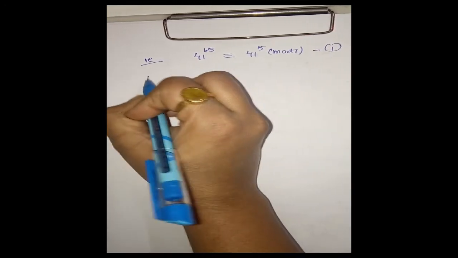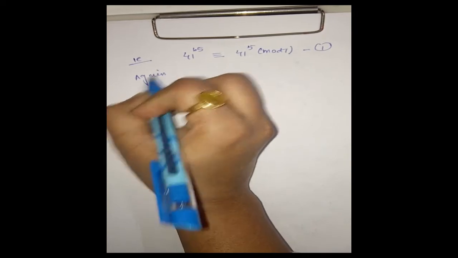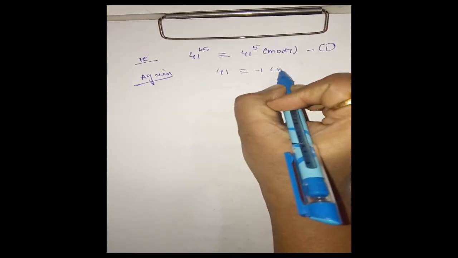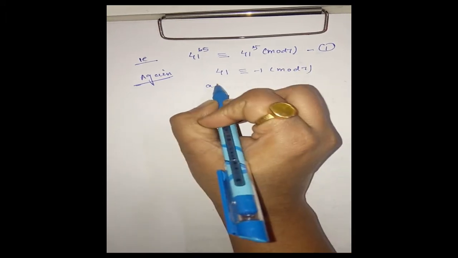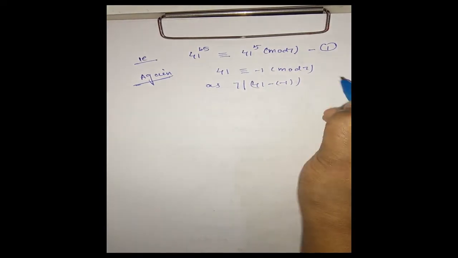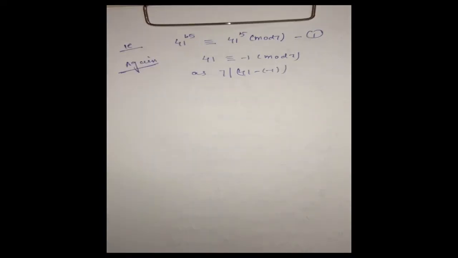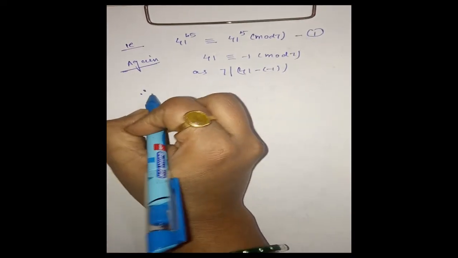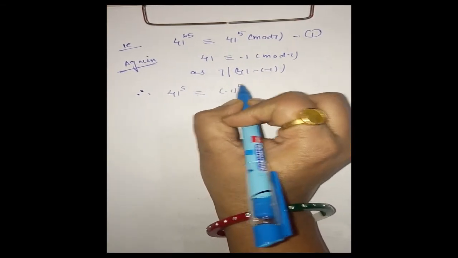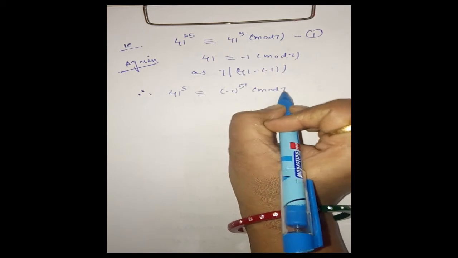Okay, now again we will use this congruence. 41 is congruent to minus 1 modulo 7, as 7 divides 41 minus of minus 1, that is 42. Therefore, we have 41 power 5 is congruent to minus 1 power 5 modulo 7. Clear?